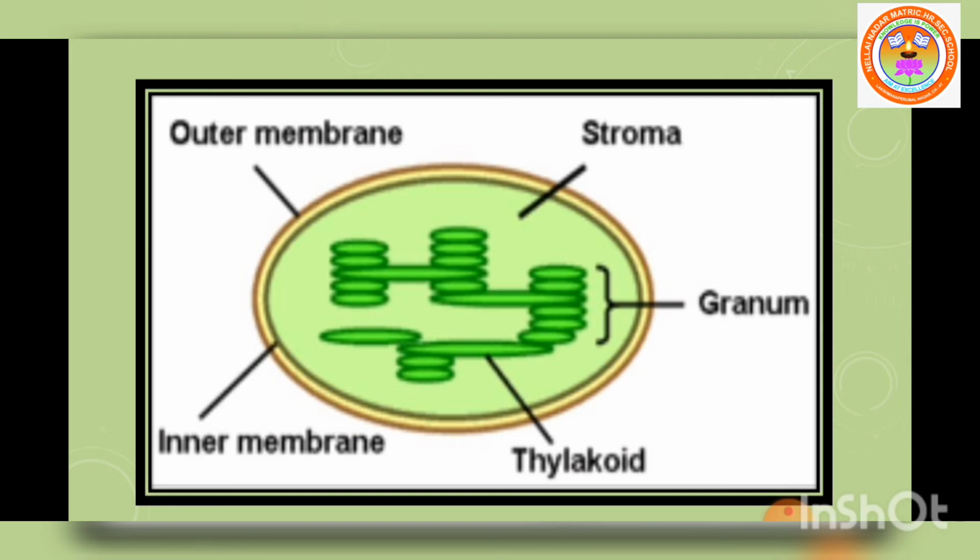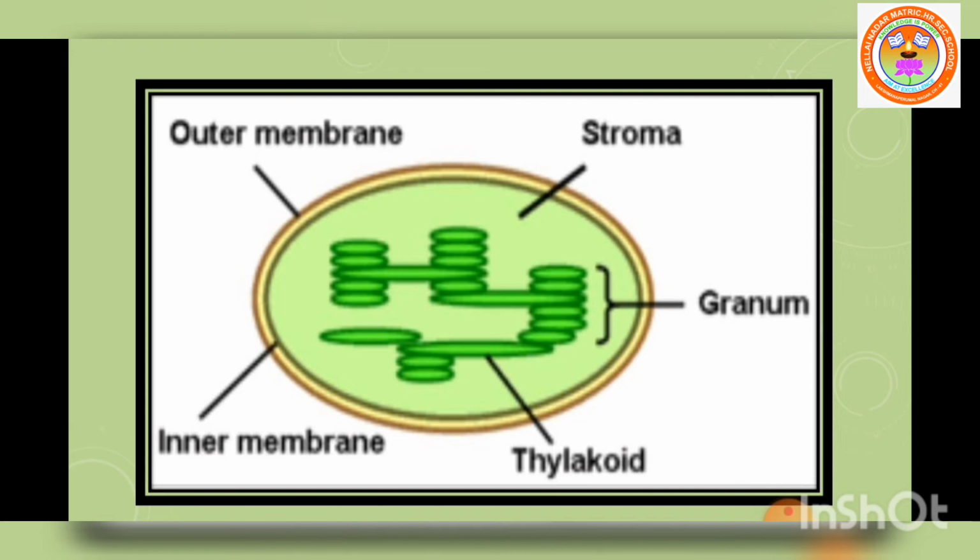So this is grana. Next, stroma. What is stroma? Thylakoid grana are present only in stroma. Stroma is the matrix present inside the membrane.